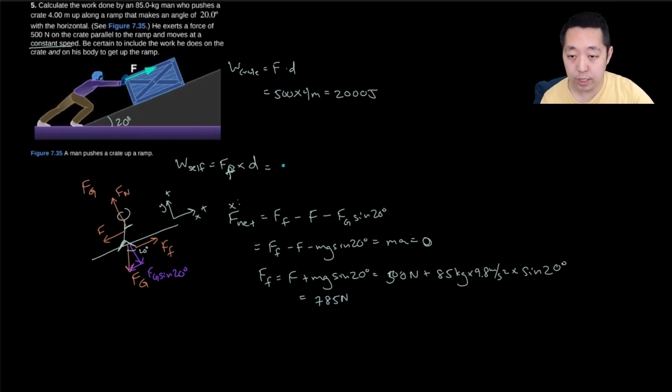So the work he does here is 785 times the distance, which is 4 meters, and that's 3,140 joules. And so the total work he does is the sum of these two, which is 5,140 joules. Add these two together.